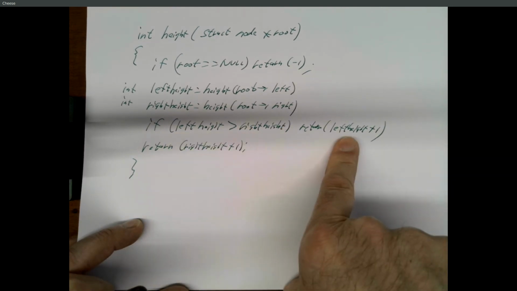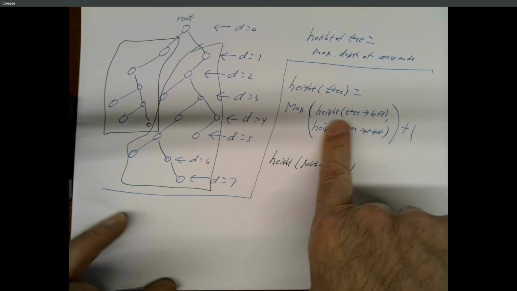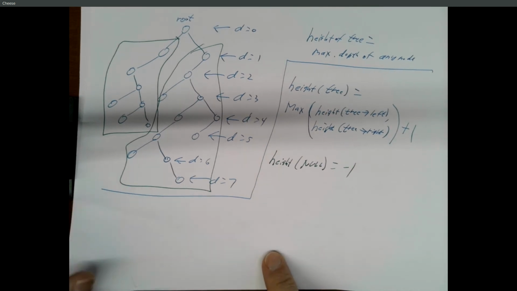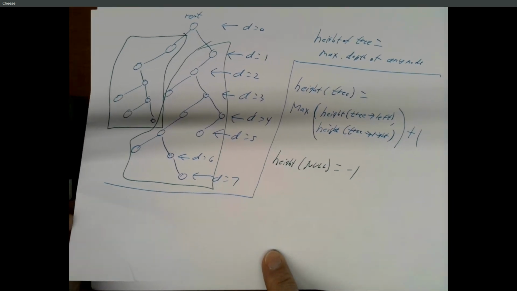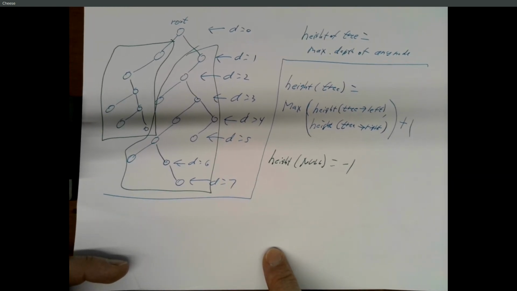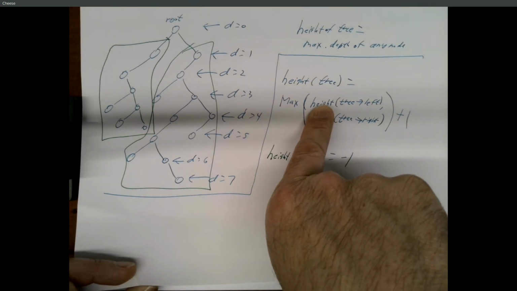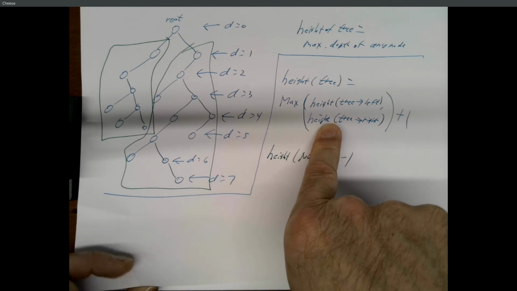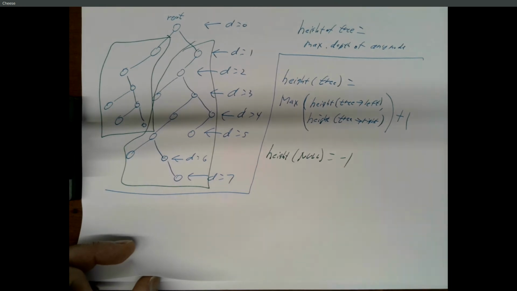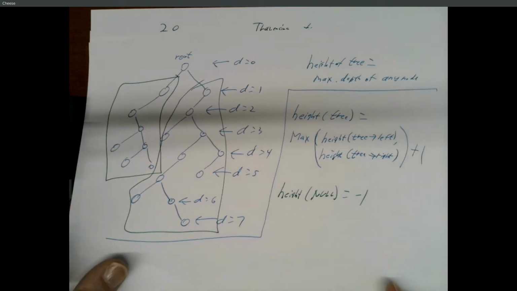If the left is bigger, I'll return left + 1, otherwise I'll return right + 1. But this was really just pseudocode for find the largest of these two, add 1, return that. Couldn't you write like a maximum thing though, that takes in those two? Absolutely. And then in that case, what would it do? In that case, before it calls max, it will call height, come back with an integer, it'll call height again, come back with an integer, and then it will put both of those onto the stack and jump down to max, and it'll pull those values off the stack. Yes, that's what actually goes on.